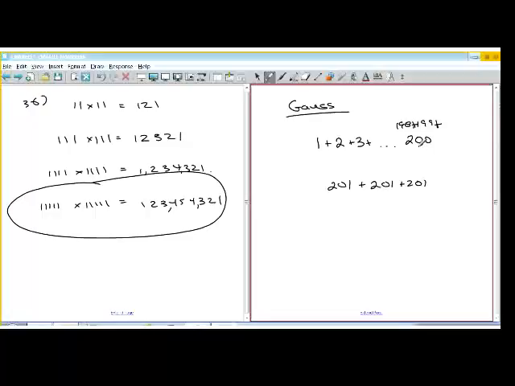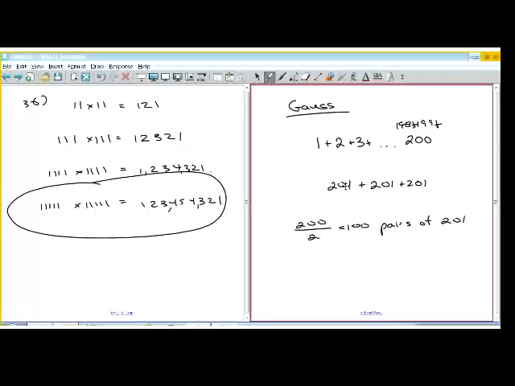And it's going to happen 100 times. There are going to be 100 matches, because 200, the maximum number, divided by 2 equals 100. So there are going to be 100 pairs of the number 201. So what does that mean?